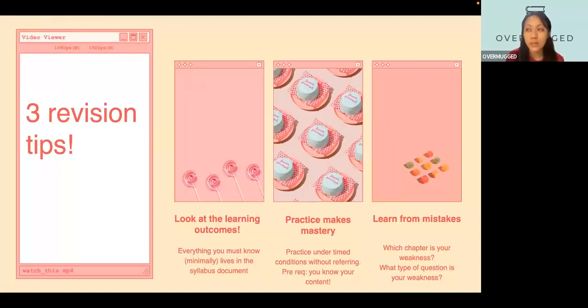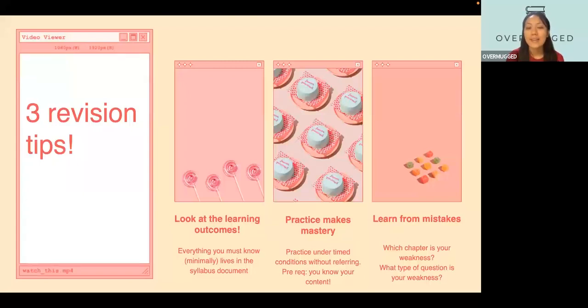Some schools really went all out to kill their students during mid-year and prelim, and they have a lot of application questions. But if you are able to do topical TYS without referring, that is a really great start as well, because topical TYS is more aligned to the learning outcome. So make sure you do your topical TYS. After you finish, you can do some of the school practice papers.